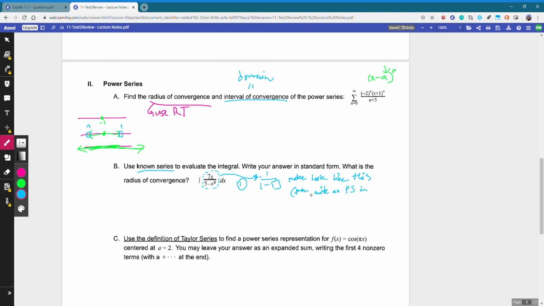Once we write it as a power series, we'll maybe need to do some work to get this power series that we are able to swap this out with into standard form. But once we have it in standard form, we'll be able to do the second step, which is to integrate. All right, so integrate our power series.